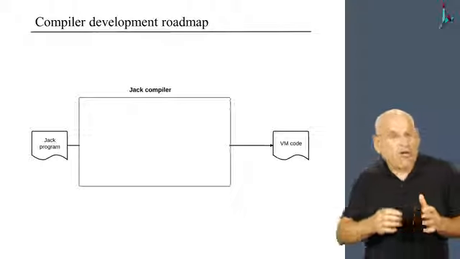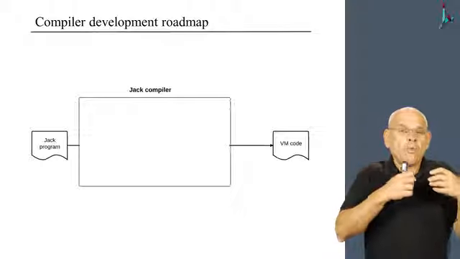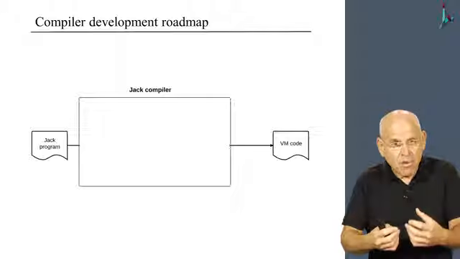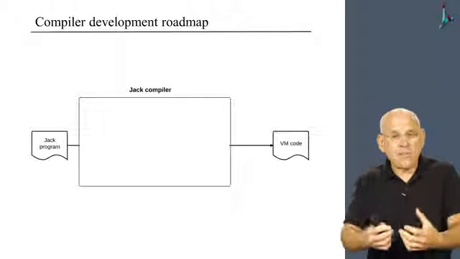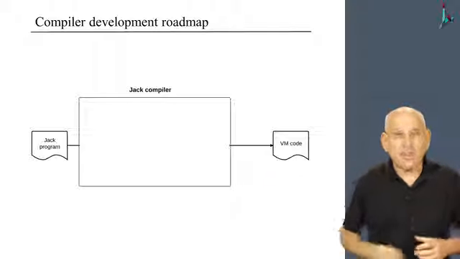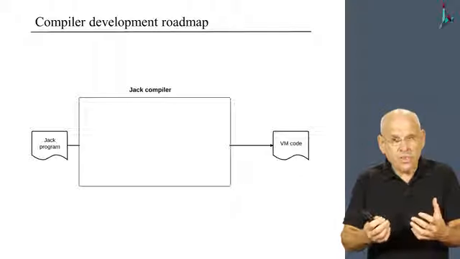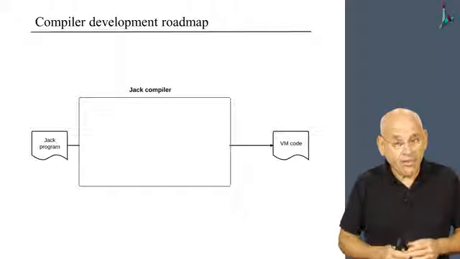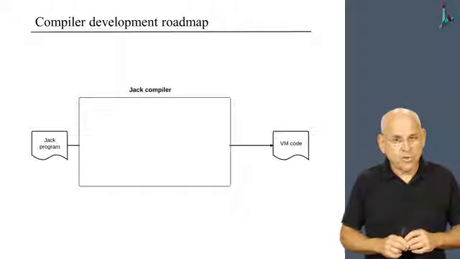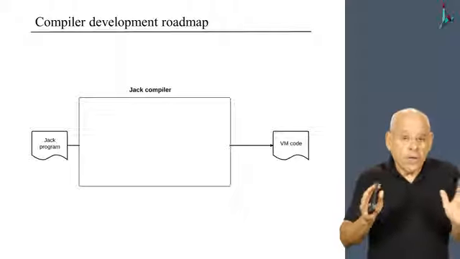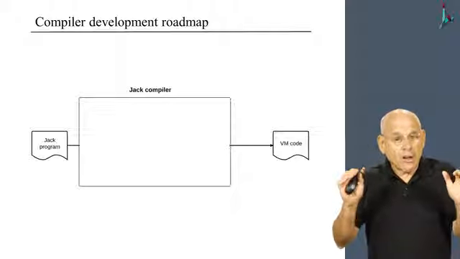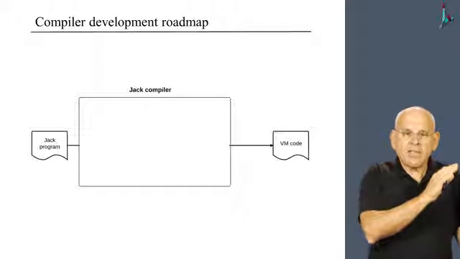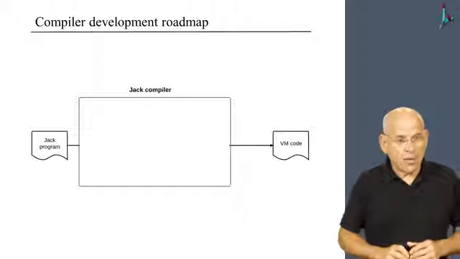So instead of going all the way to machine code, the compiler will translate from Jack into VM code, and then there will be a VM translator that will translate further into machine language. Now, the good news is that the VM translator has already been taken care of. We wrote it in the previous two modules. So now all we have to do, quote unquote, is write a compiler that translates from the high level to the VM code only.